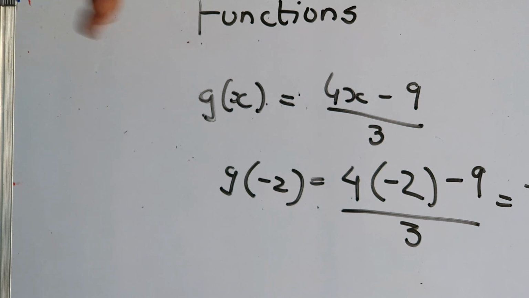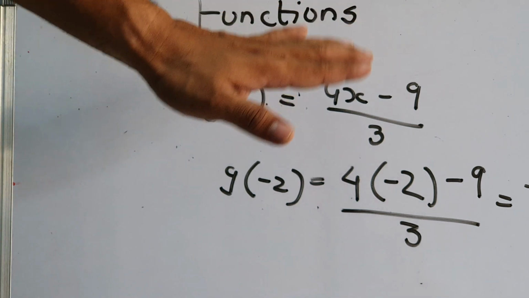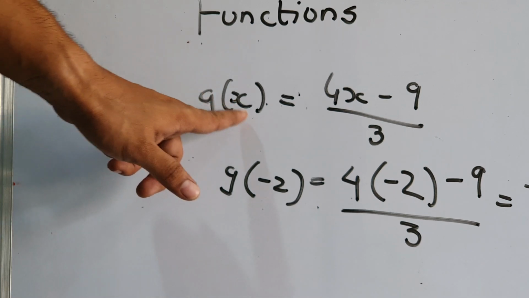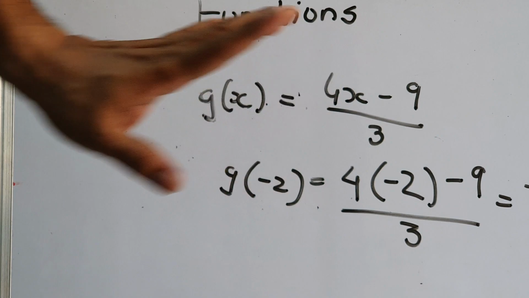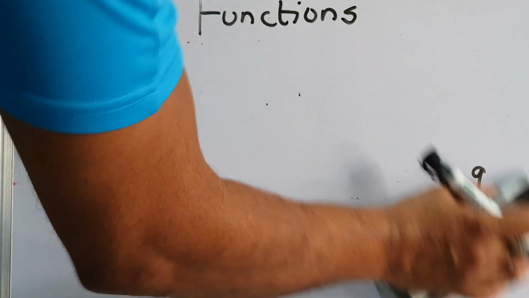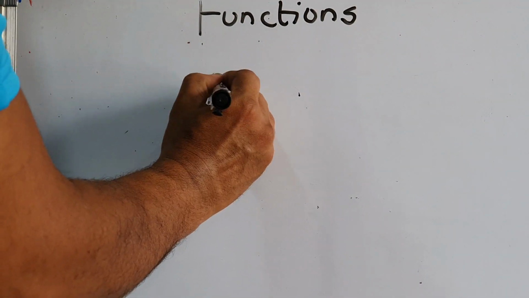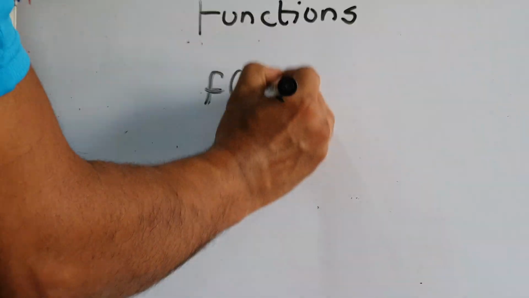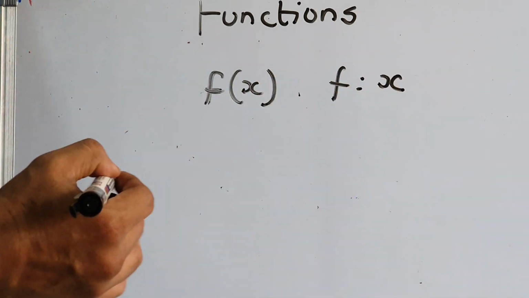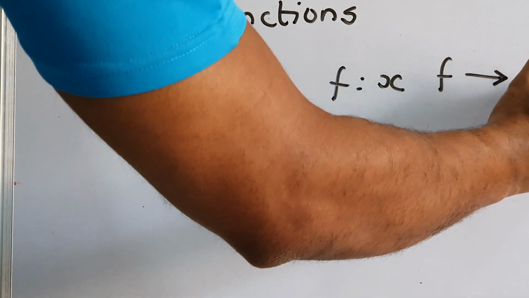If you look at your exercise, you will see that the majority of the examples are given in the form of f of x, g of x, h of x. Also, one very important point to remember, f of x can also be written as f is to x or f of x.